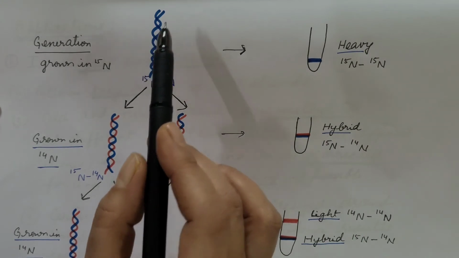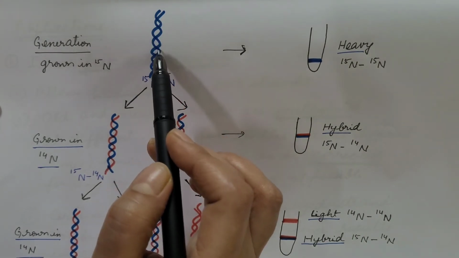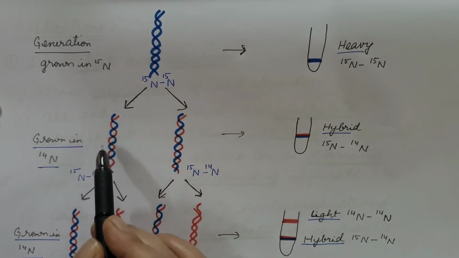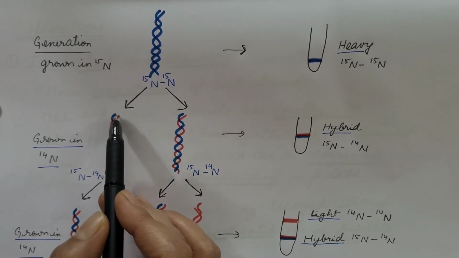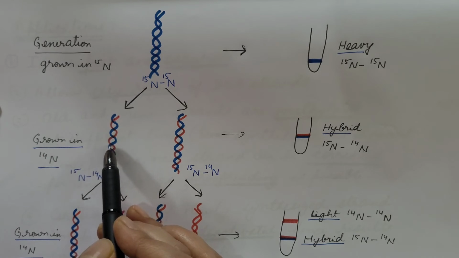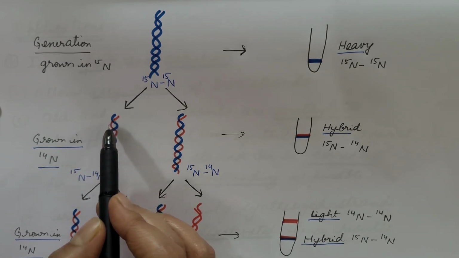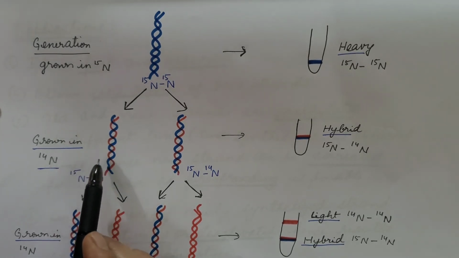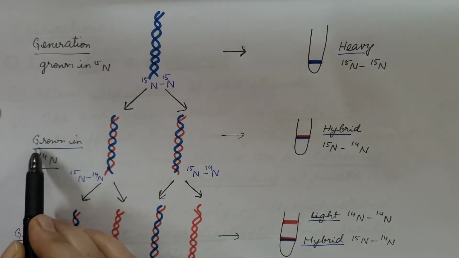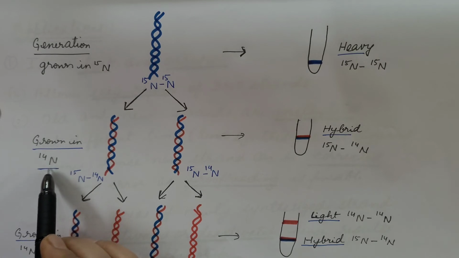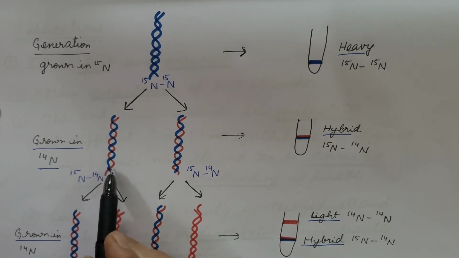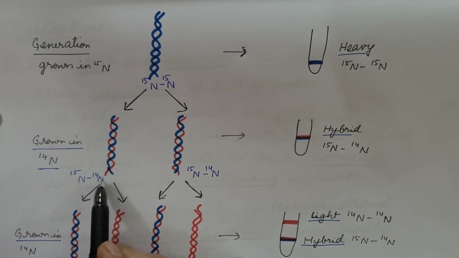This is possible only if the two strands of the original DNA containing the 15N separate, and then using this older strand as the template, a new strand is synthesized by the complementary base pairing, and because it is grown in 14N medium, this new strand is labeled by 14N, and hence the two strands of the DNA are 15N and 14N.